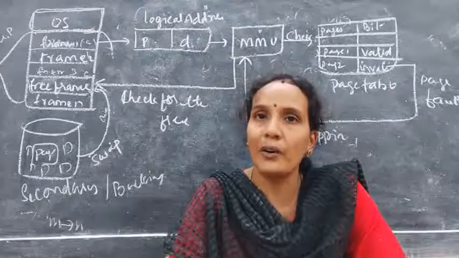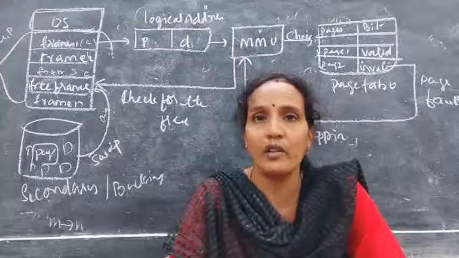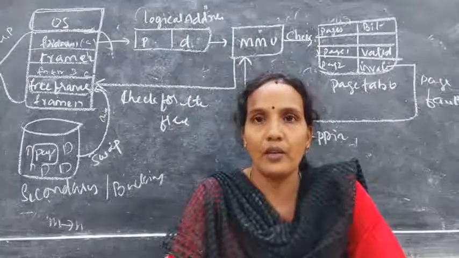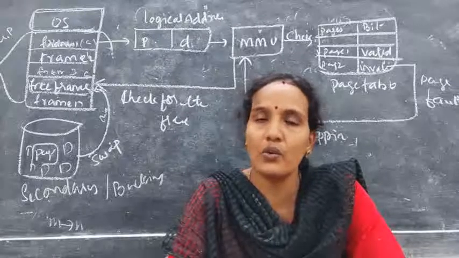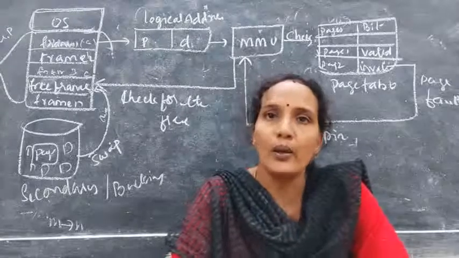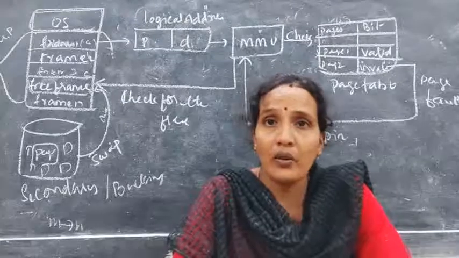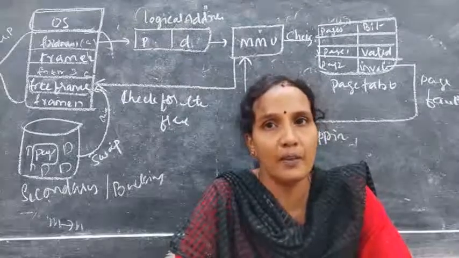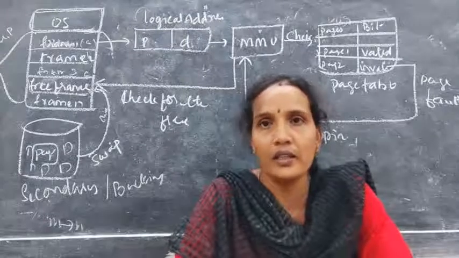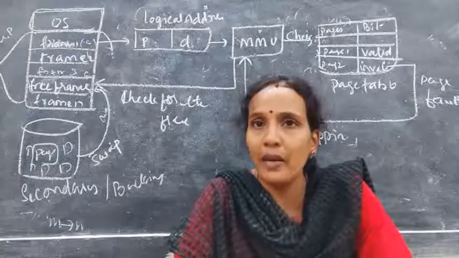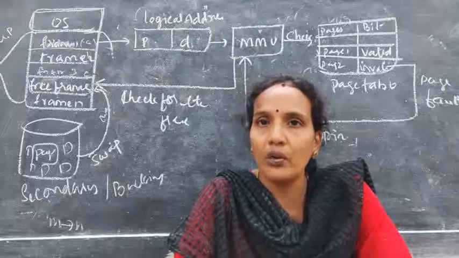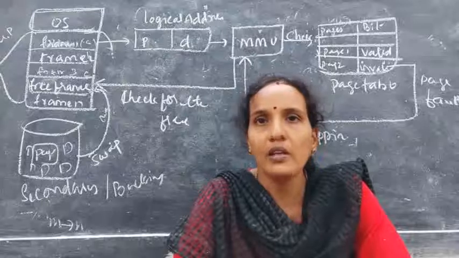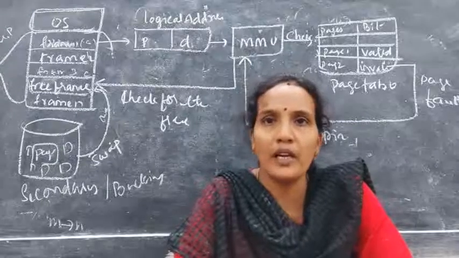Instead of loading all the pages of that program, we load only the pages which are required for execution, the pages waiting for execution. This virtual memory concept is implemented using demand paging, and in demand paging we load only the pages which are required by the user. Understood?